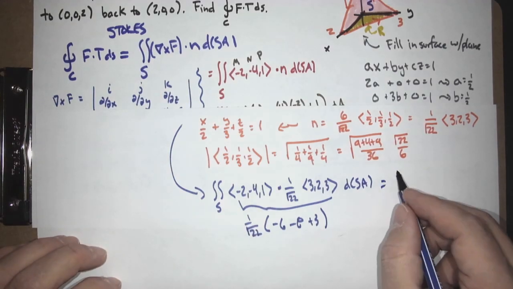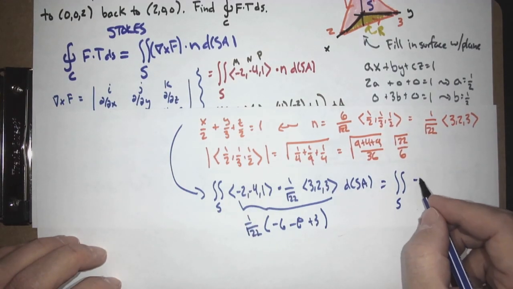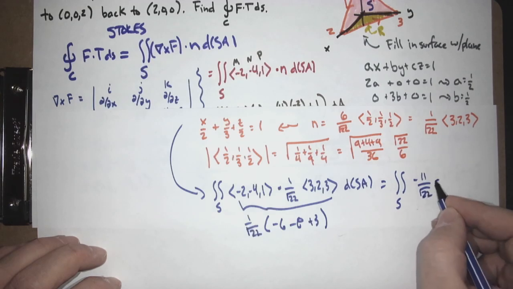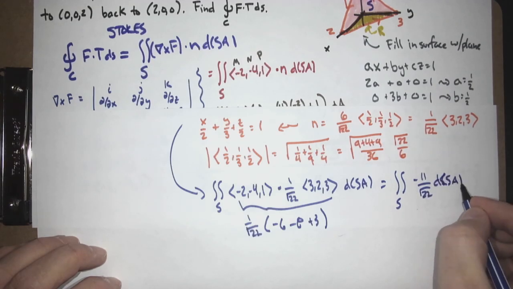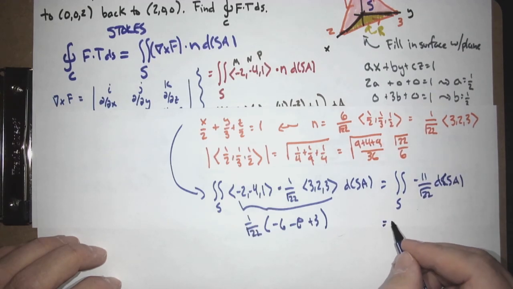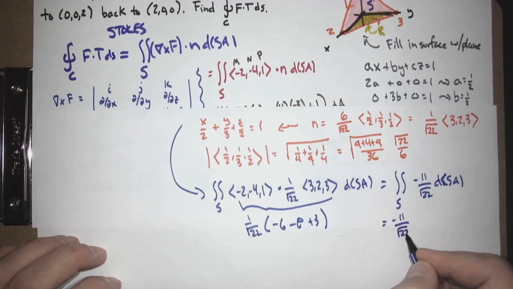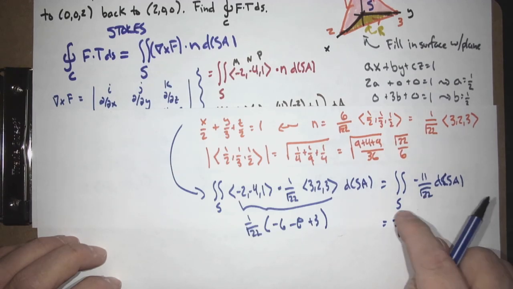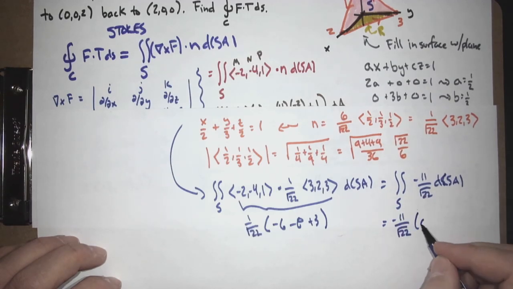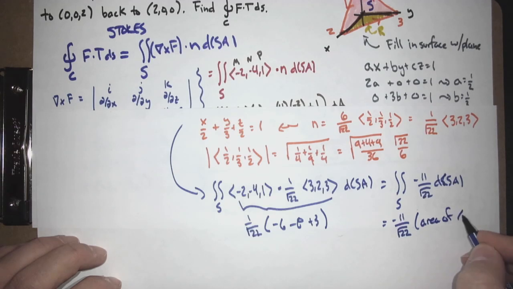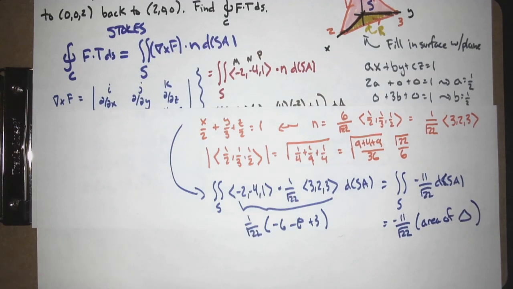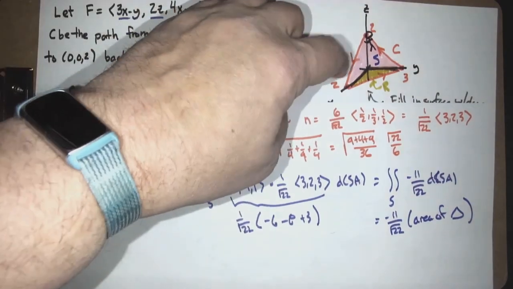So this becomes the integral over our surface of -11 over square root of 22 dS. Well, you can pull out the constant, and then you have the integral over your surface of dS, and that's the area of the original triangle. Now, how do you find that area?